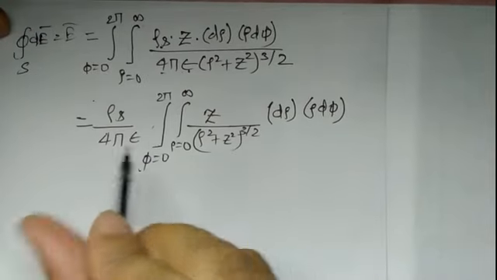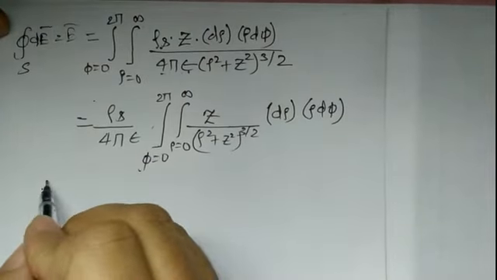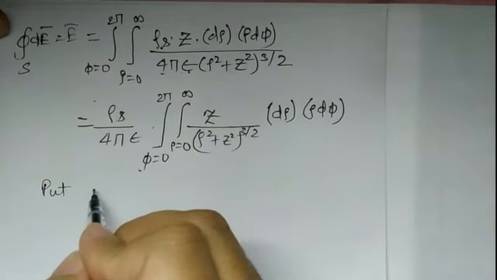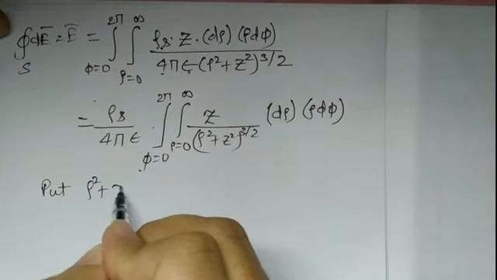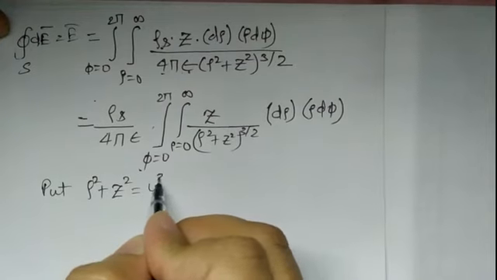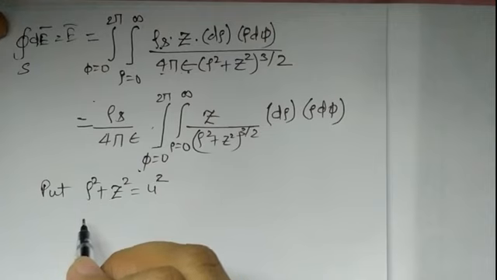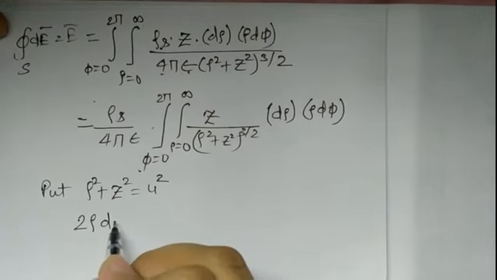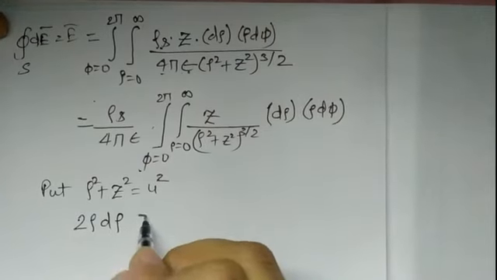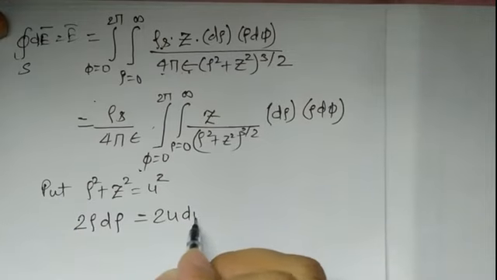So I'm using the method of substitution. I'm putting ρ square plus z square equals u square. Therefore 2ρ dρ will be equal to 2u du.